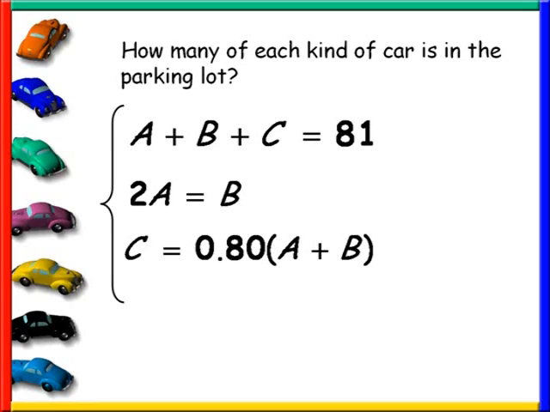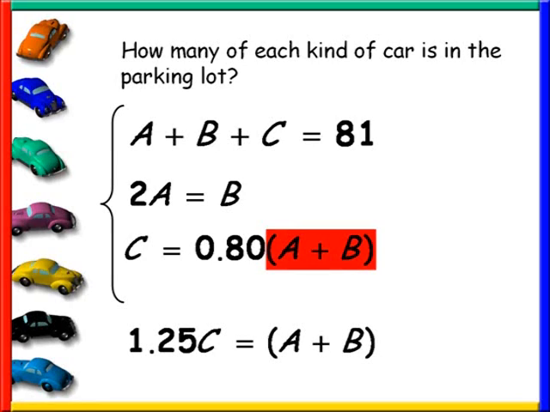The first one that just jumps off the page is the A plus B. Simply because I can solve for this sum, taking the 80% and dividing both sides by 80%, 1 divided by 80% is 1.25. So I have 1.25 times C equal A plus B.